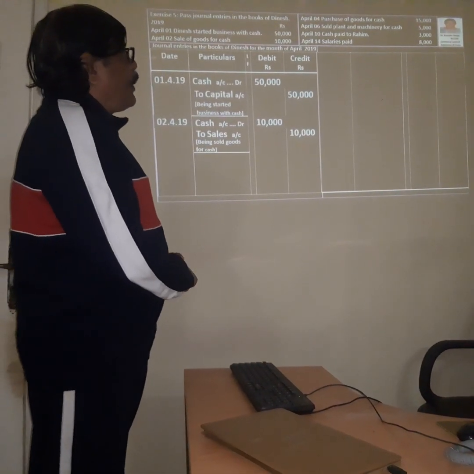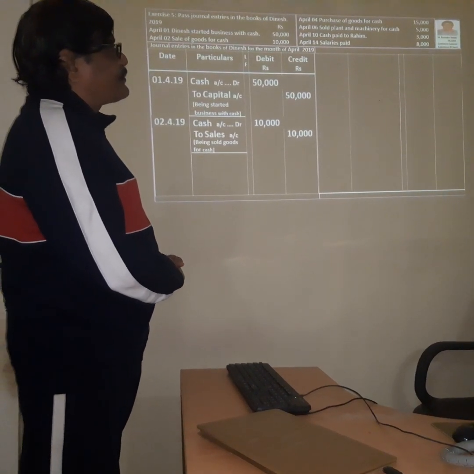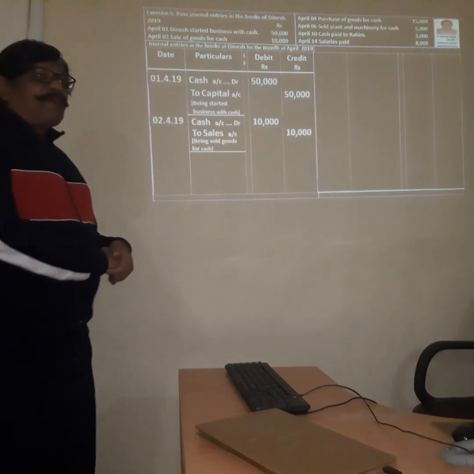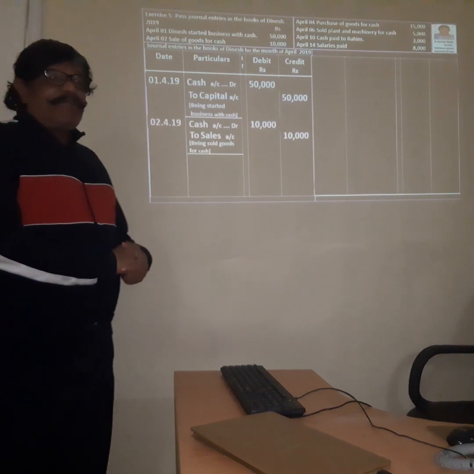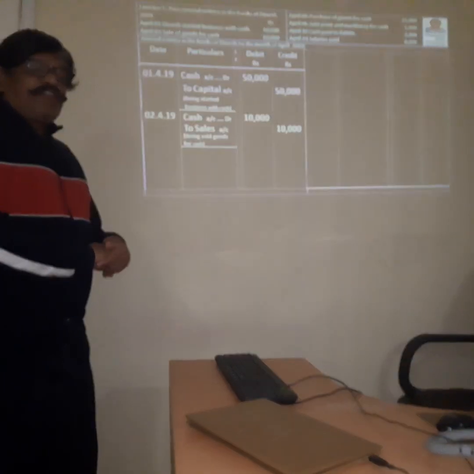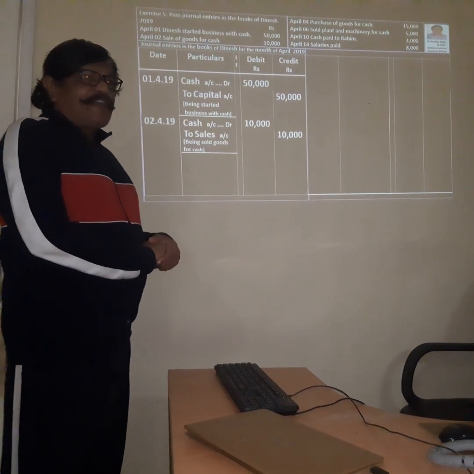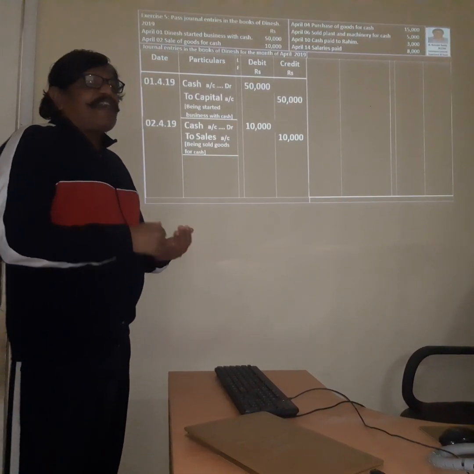Next, on April 4th, purchase of goods for cash 15,000. You are buying goods for 15,000. Purchase comes under the nominal account. The rule clearly states that debit all expenses and losses. When you are buying goods, it is an expenditure. So purchase account debit. Now the cash is going out. When you are buying something, cash is going out.